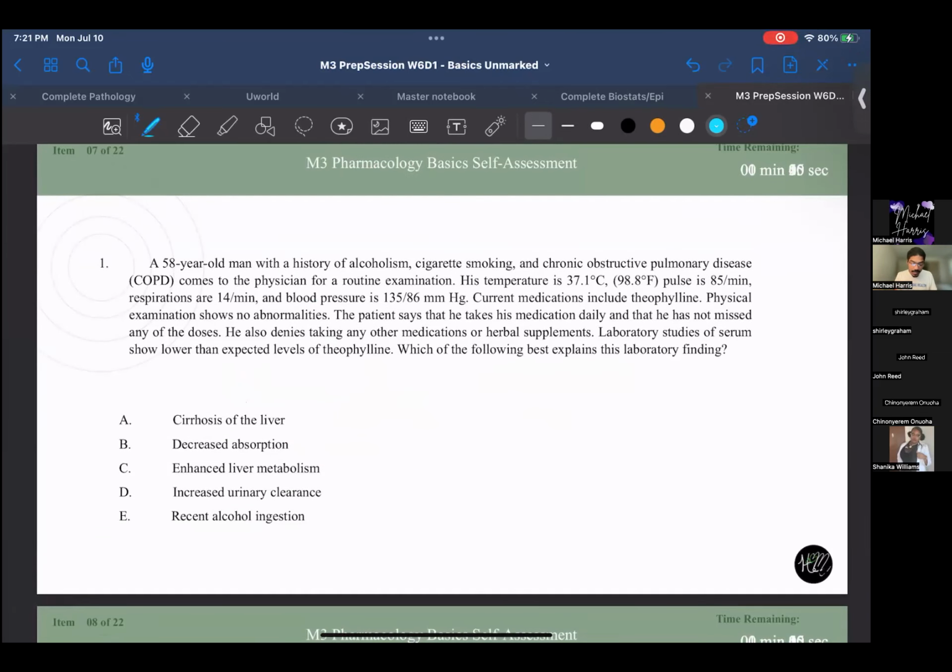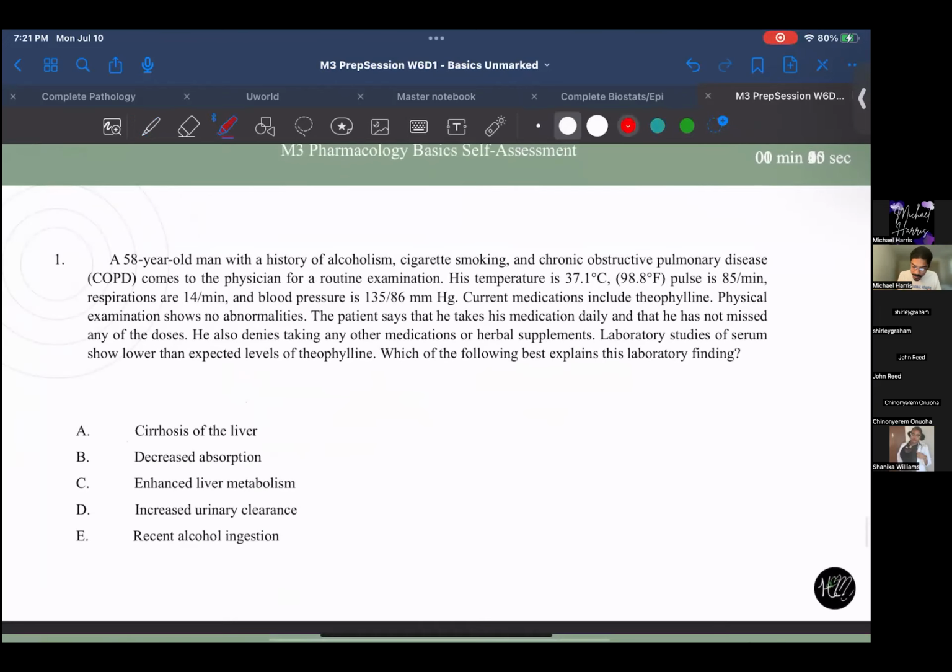All right. Tell me the answers that you said for these guys. Best explains these laboratory findings. Laboratory serum studies show lower than expected levels of theophylline. Current medications include theophylline. He's not missed any doses.